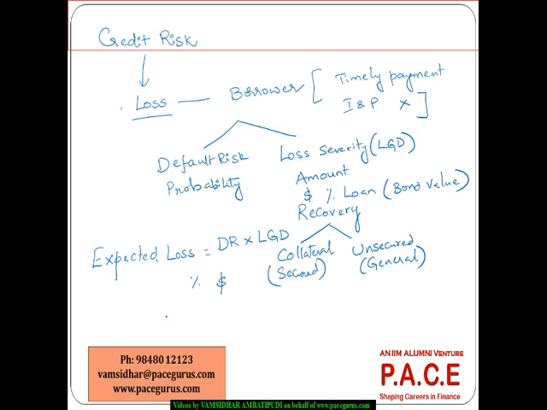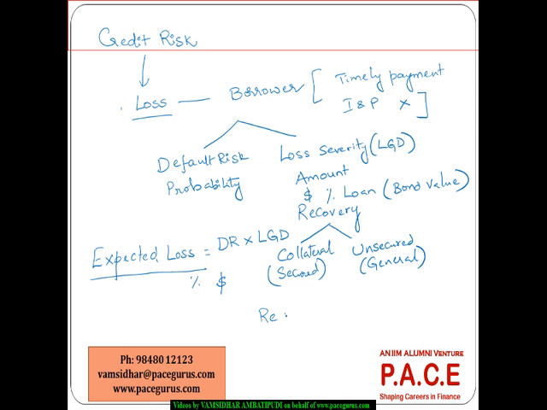And generally, whenever we are talking about the expected loss, it means that on average, the loss for the company because of the default is going to be this much. In reality, it could be much more than that or much less than that.